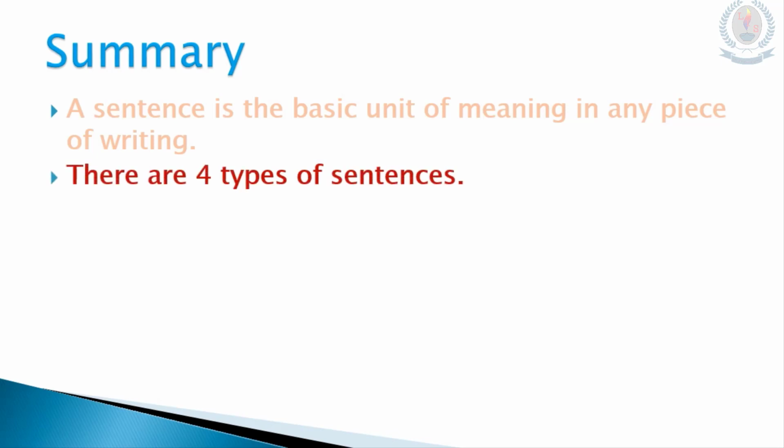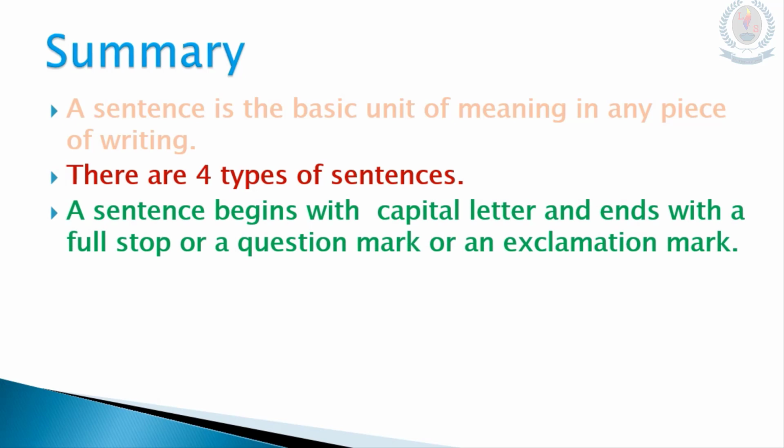And we also learned that there are 4 types of sentences: declarative sentences, interrogative sentences, imperative sentences, and exclamatory sentences. We also learned that a sentence begins with a capital letter and ends with either a full stop, question mark, or an exclamation mark.